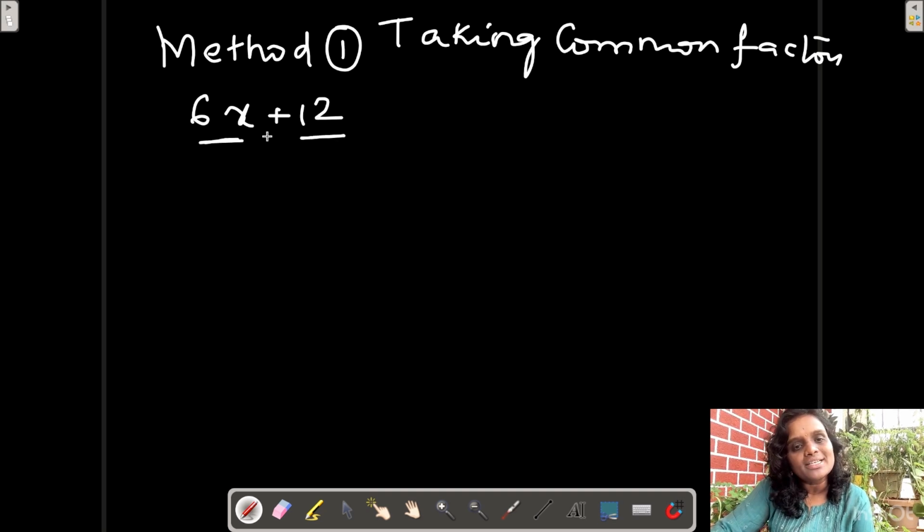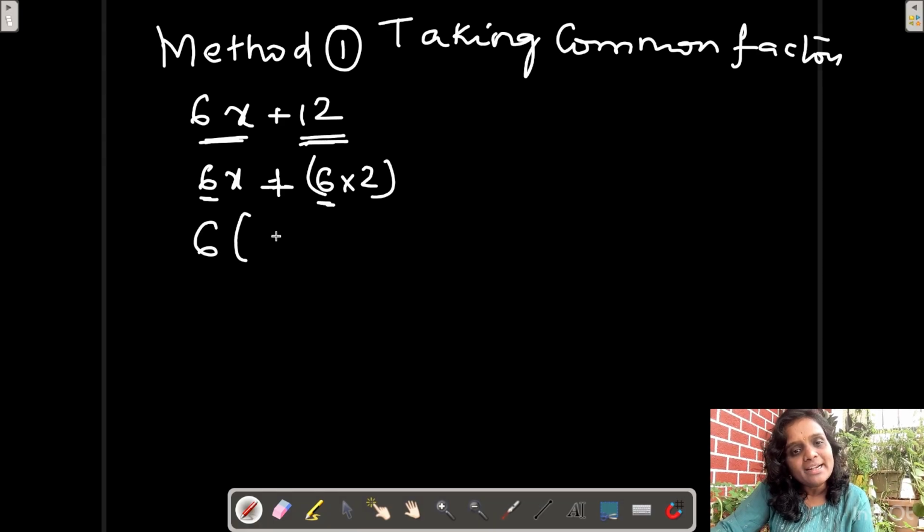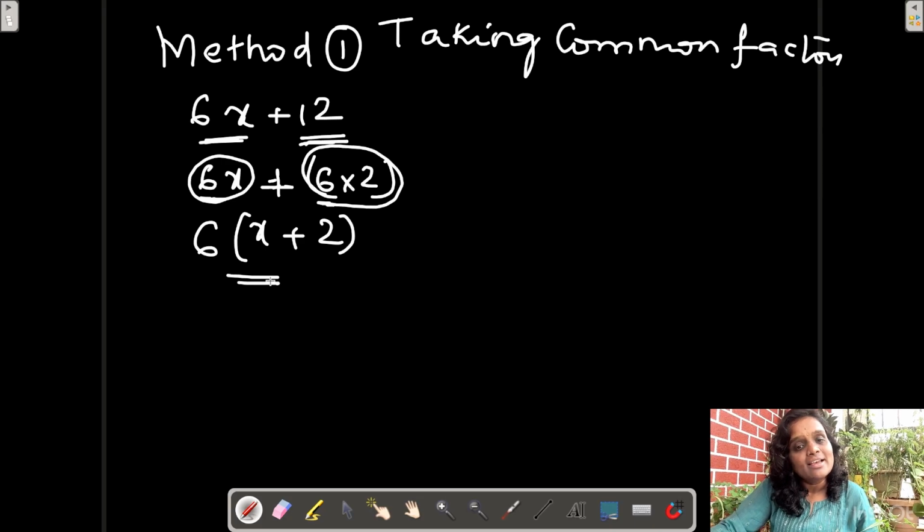Can you tell me what is common in these two? 6x is 6 into x, plus 6 into 2, right? So can I take 6 common from these two terms? Yes. So if I take 6 common, what is left out in the first term? x. Plus, what is left out in the second term? 2. So this is how I take the common factors.